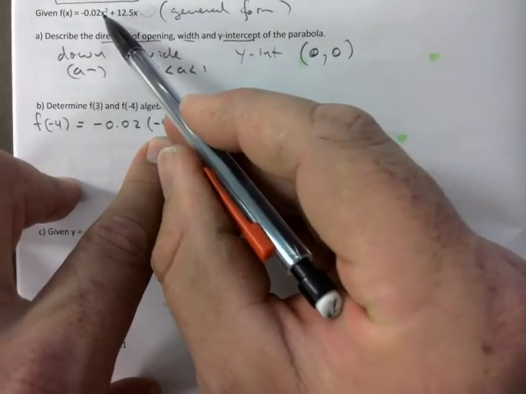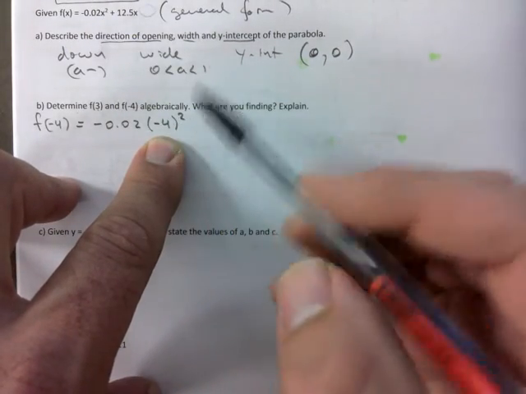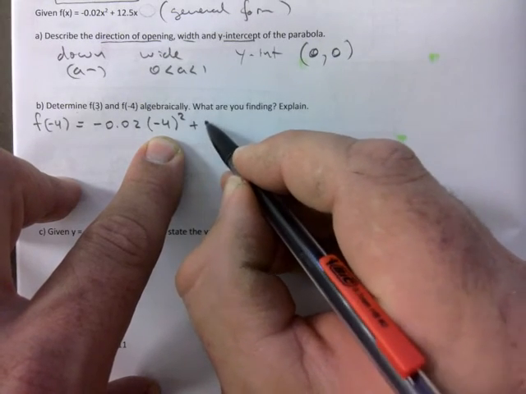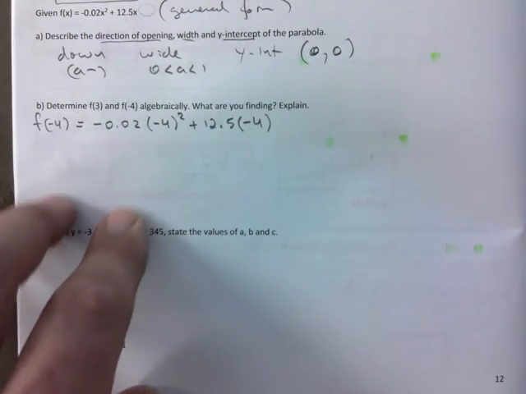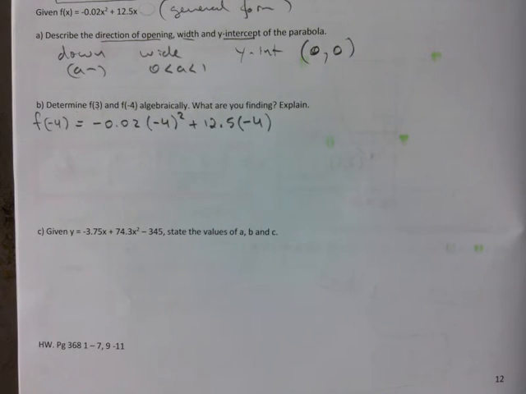So negative 0.02 times (negative 4) squared, plus 12.5 times (negative 4). I'd like you to put brackets in whenever you're substituting into an equation like that.